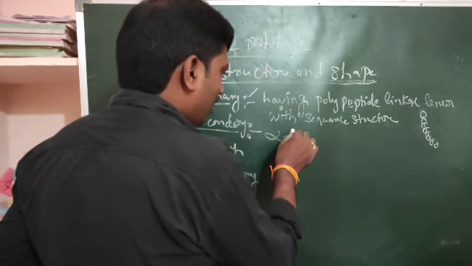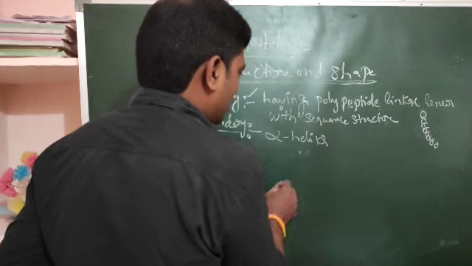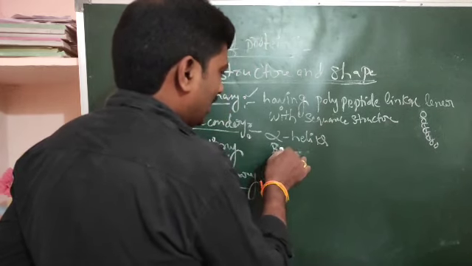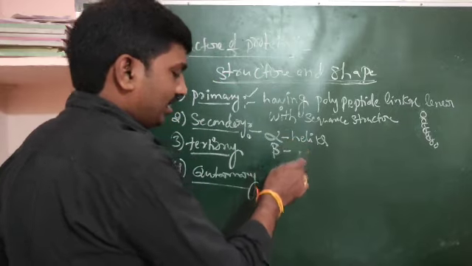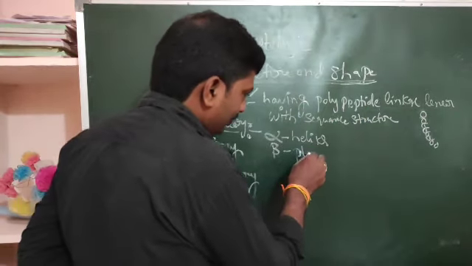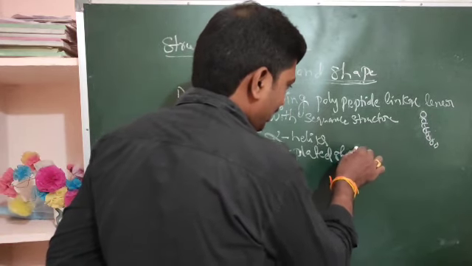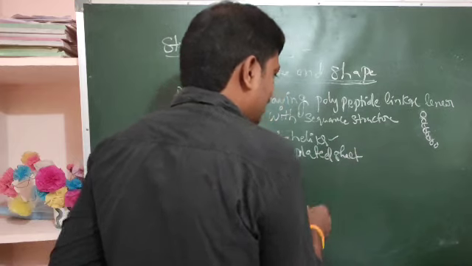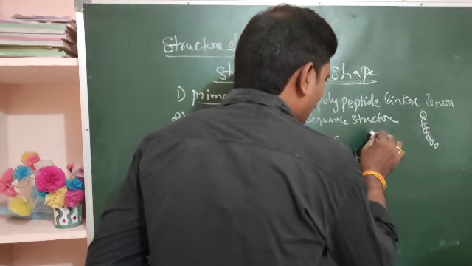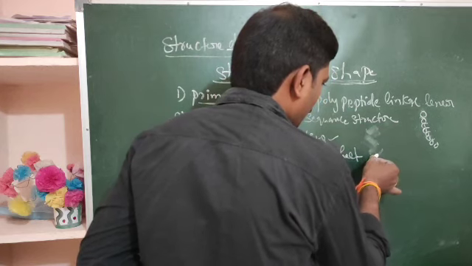One is the alpha helix structure, and next is the beta pleated sheet. Alpha helix means a structure like this.